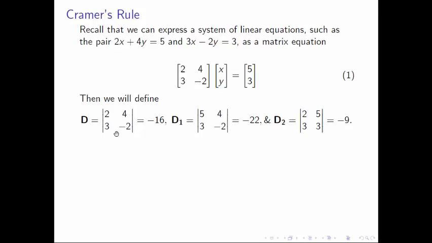This notation denotes the determinant, and if you'll remember, the determinant is the product of the main diagonal. 2 times -2 gives you -4 minus the opposite diagonal. So 3 times 4 gives me 12. Here the determinant is -4 minus 12, so I'll have -16. I'm using D for determinant there.